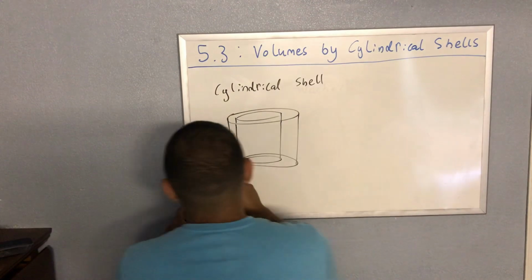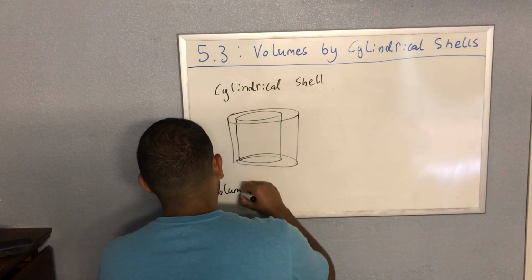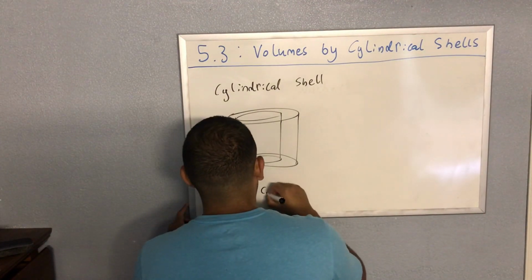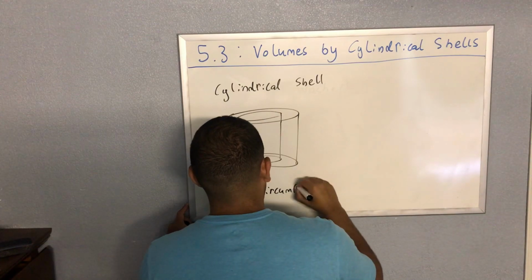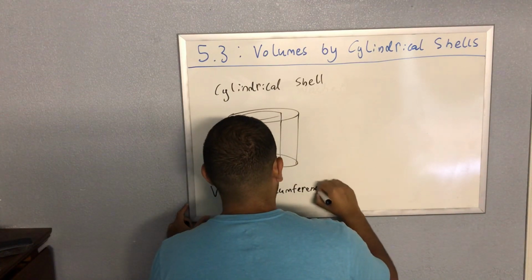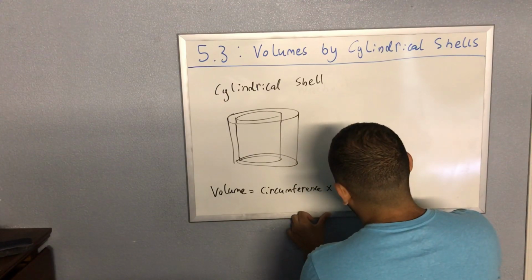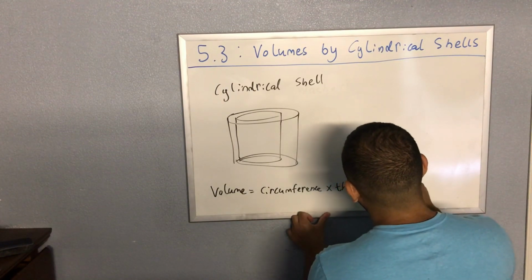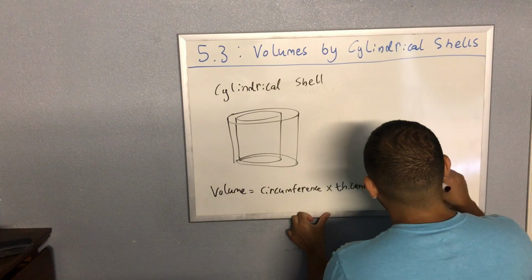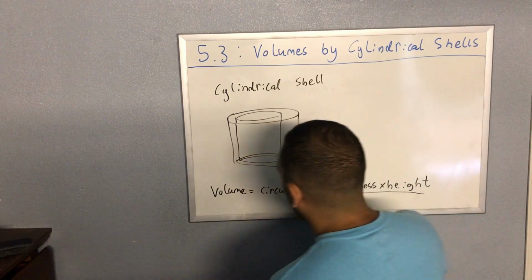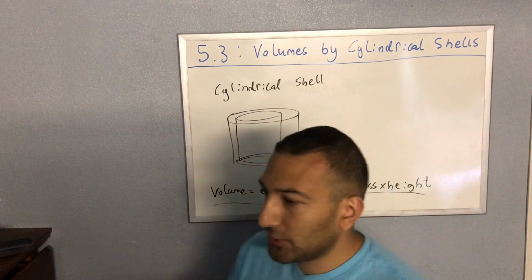So the volume of this guy is going to be the circumference times the thickness times the height. This will be the volume of our cylindrical shell.